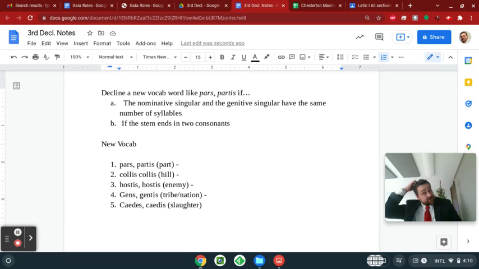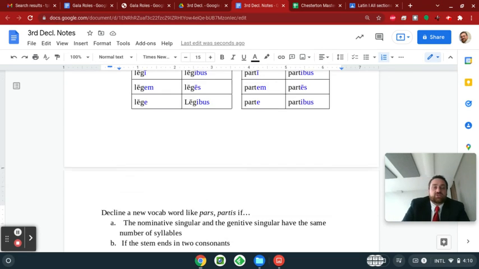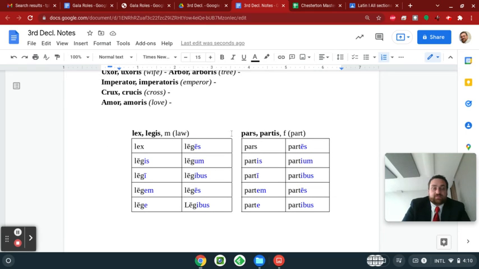Right. And so we're almost done with this lesson. The first lesson is just being able to tell whether a word will be declined like lex legis or like pars partis. The second piece of this, though, is just a review of how you can tell the gender of a word. At the beginning of the third declension, you were told that nouns of all three genders, masculine, feminine, and neuter, exist in the third declension.